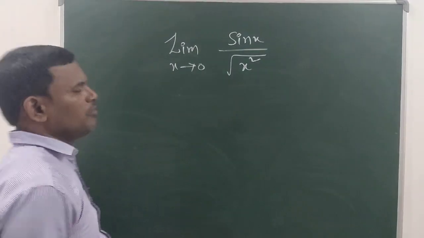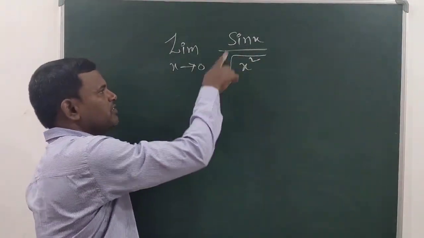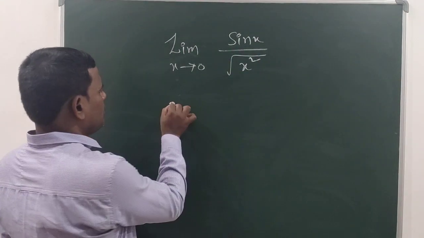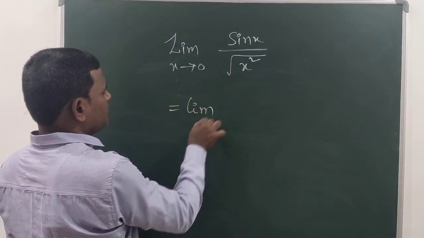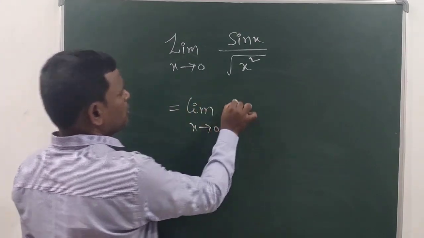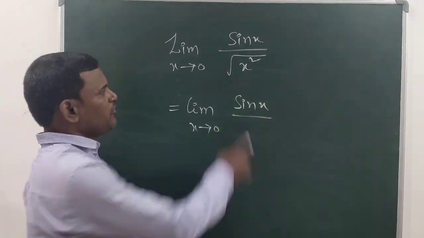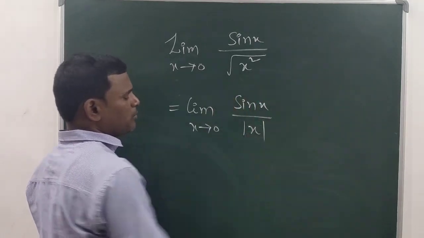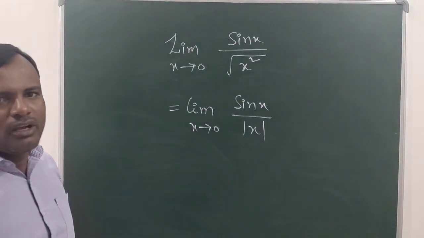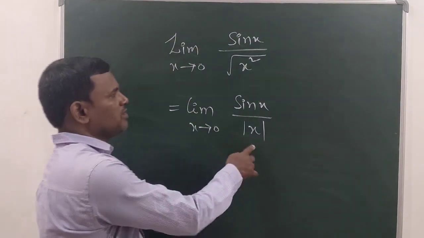Now evaluate the limit of this function when x approaches to 0. Limit x approaches to 0, sin x. Now find the square root of the denominator. If you find the square root of the denominator, it is going to be mod x. Am I right students? Mod x.